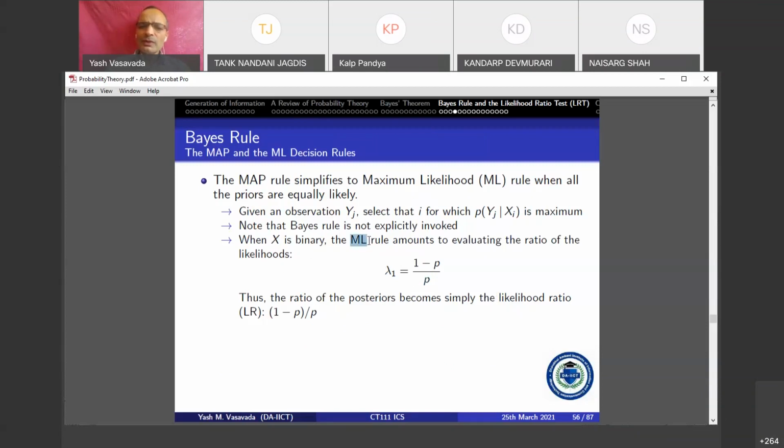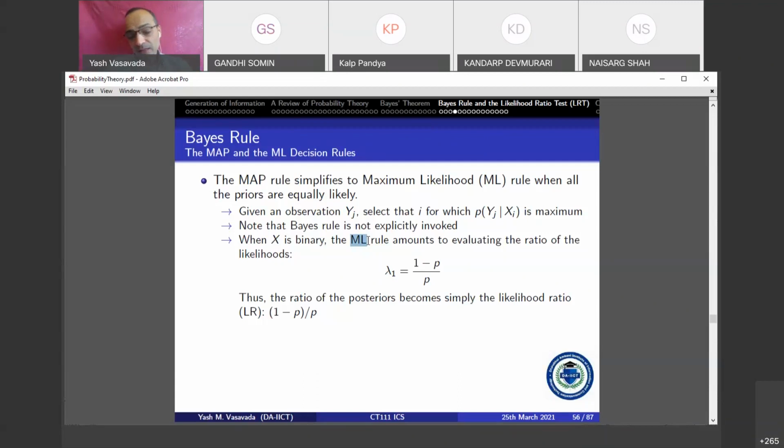So when would the ML rule be more appropriate compared to the MAP? And when do we have to use MAP? When priors are equally likely. Right. So when priors are equally likely, you might as well use ML.